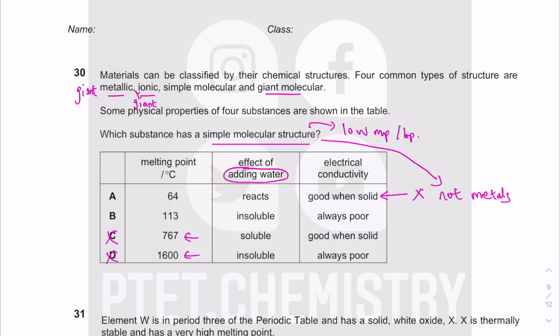Simple covalent molecules are not metals. Good when solid typically refers to metals, obviously, but you also have graphite, which is a solid, giant molecular structure, but it conducts because graphite is one of those giant molecular structures that are very unique compared to diamond and also sand.